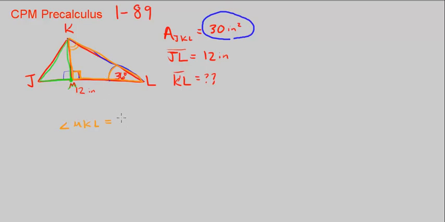So it's 180 minus 36 minus 90, which leaves what's left over. Plugging that in the calculator, we get 54. So this angle is 54 degrees, and I can write that in.